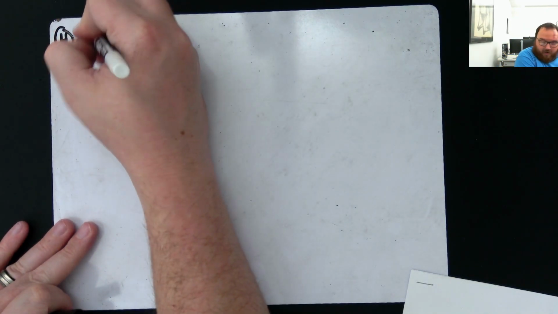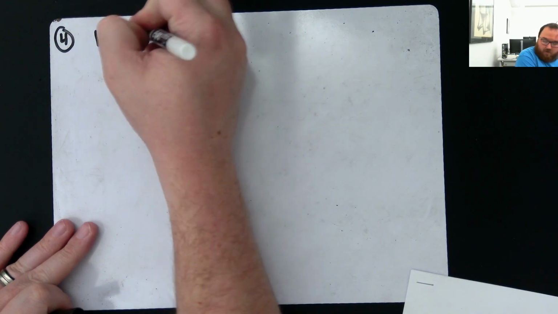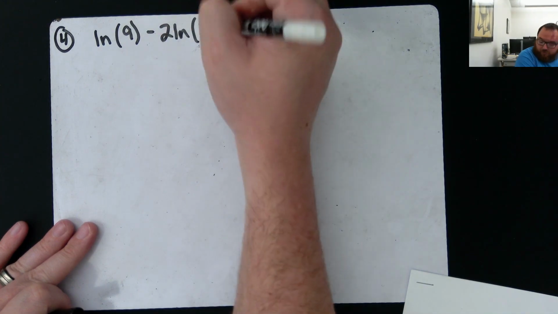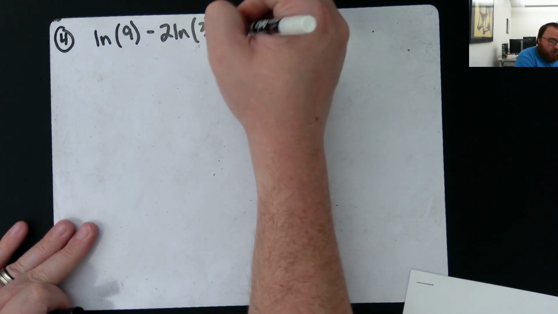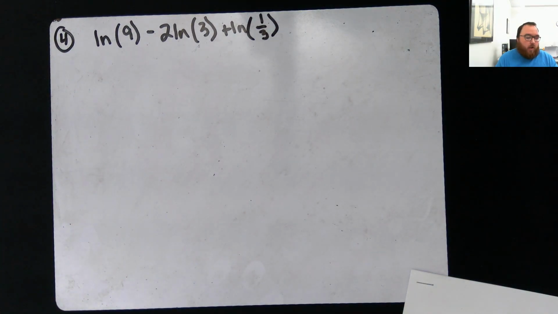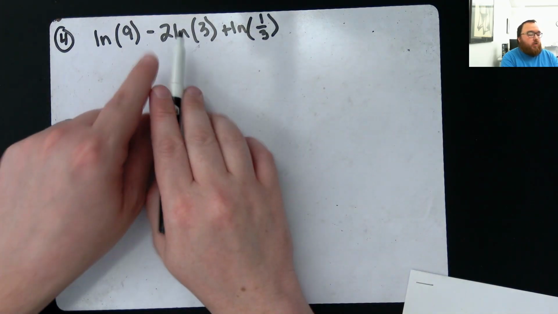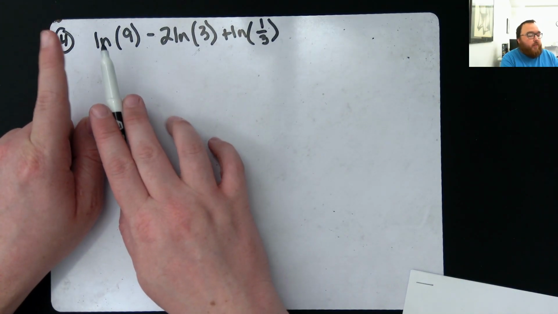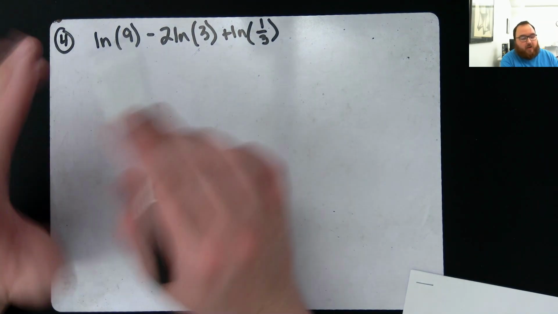Again, we're going to take the natural log of 9 minus 2 natural log of 3 plus the natural log of 1/3 and make it into one term. So first things first, notice there's nothing I can really do over here, right? The natural log of 9, there's nothing I can do there.